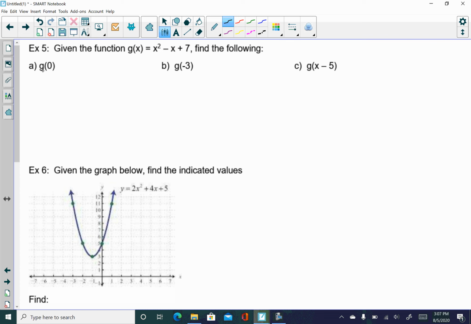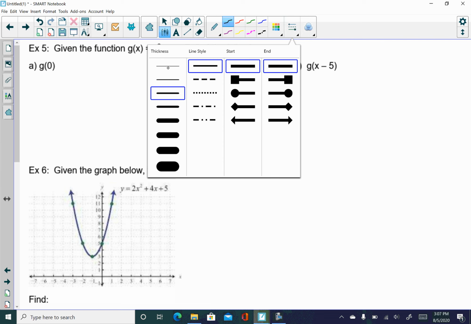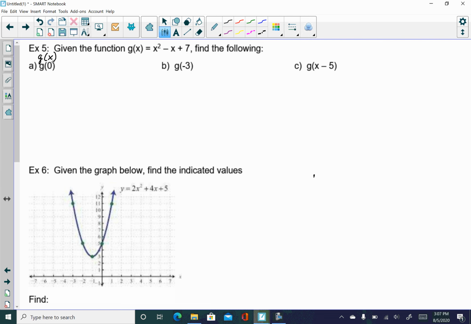So in part A, when I say find g of 0, you can think of that g of 0 as just g of x. So what that means is everywhere I see an x, I'm plugging in 0. So I'm going to write my problem again. g of x equals x squared minus x plus 7. And so if I want to find g of 0, everywhere I see an x, I'm plugging in 0.